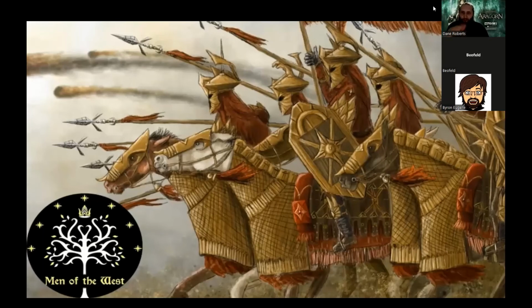They're described like this: they seem to have more scale mail-like armor or scale armor, and more angular helmets that cover more of the face, and their horses are covered completely in armor. So the question is, who are these based off of?